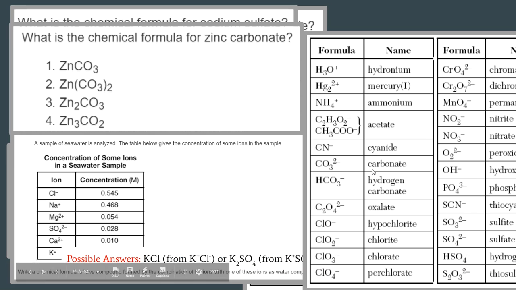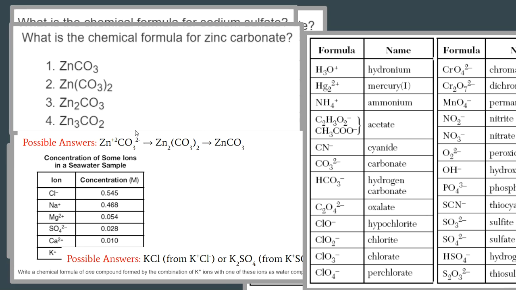Carbonate, which comes from table E, has a negative 2. So when you write down the formula, they each have positive 2, negative 2. Crisscross, note that the ratio can be simplified. We have 2 to 2, which can be simplified to 1 to 1. I don't need to write down the ones because zinc is already written, as is carbonate. So the formula is 1.